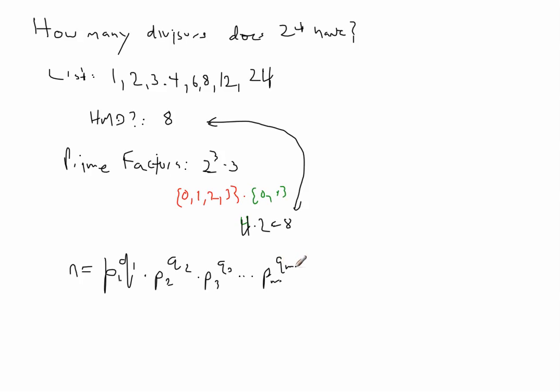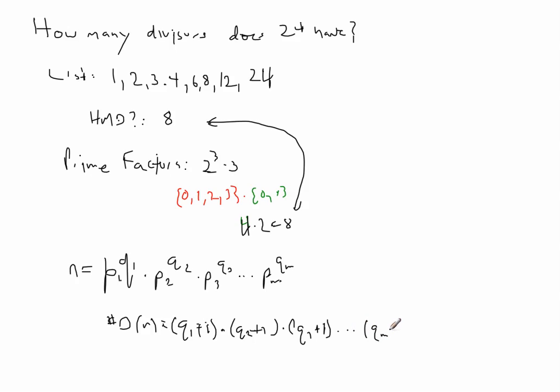Okay, so the number of divisors of n is equal to Q1 plus 1 times Q2 plus 1 times Q3 plus 1, and then this goes on and on, to the point where we have Qm plus 1.